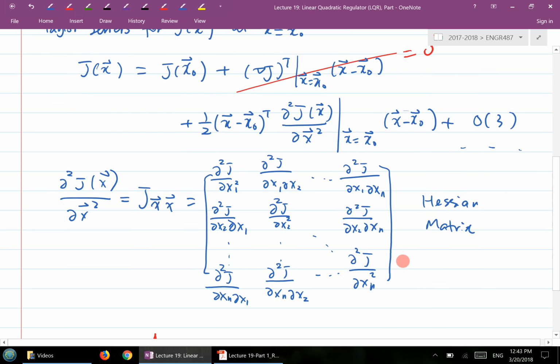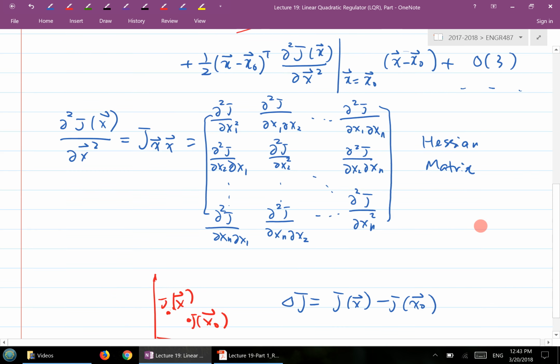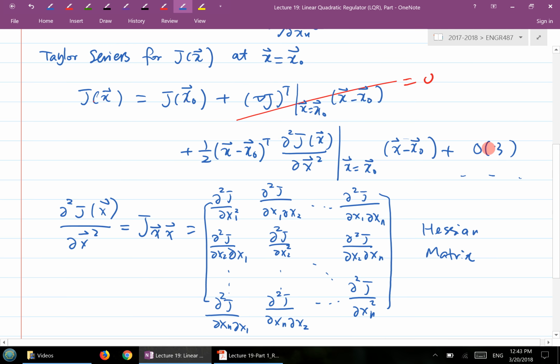That's what you get, this minus this, and that minus that gives you a delta J. So you get the difference between here and the critical point. And what is the difference? If I omit the higher order terms, you only have this second order term here.